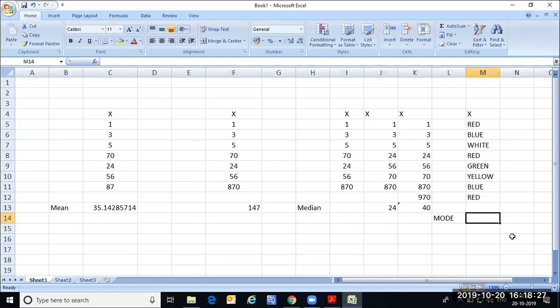Which is the most repeated value? Red. So that means we have a single mode. If you have a single mode in your data, that's called unimodal. Unimodal. If I remove this last data point, now what is the mode of this data?